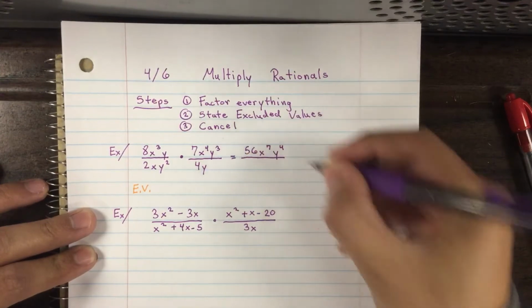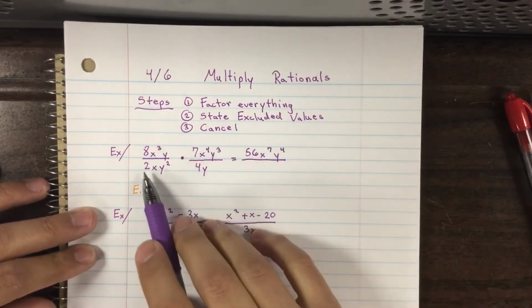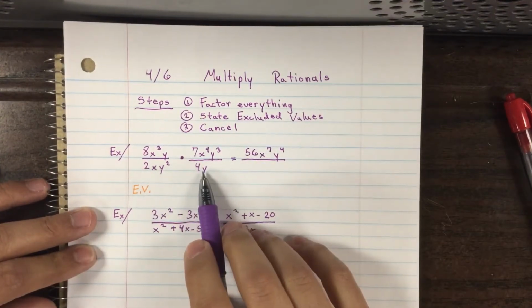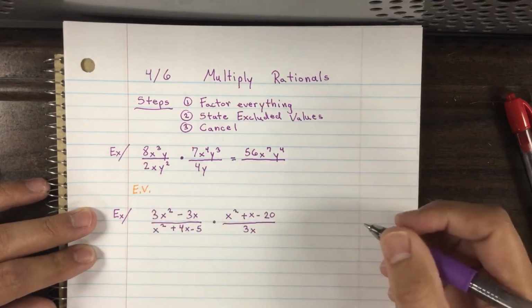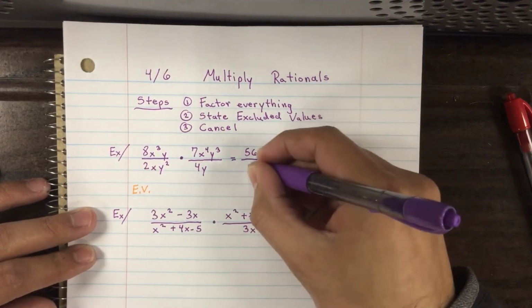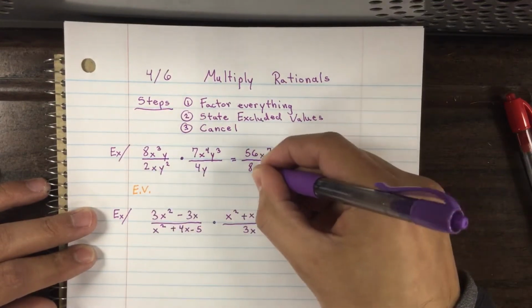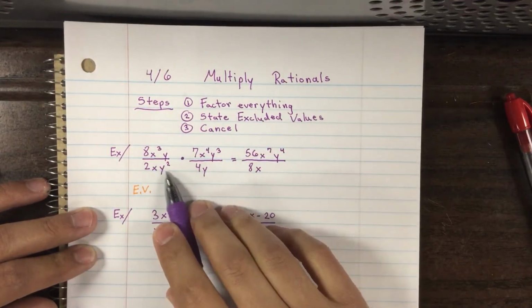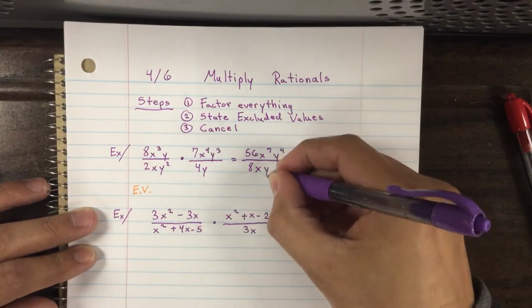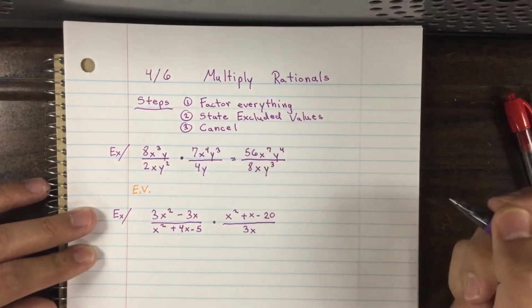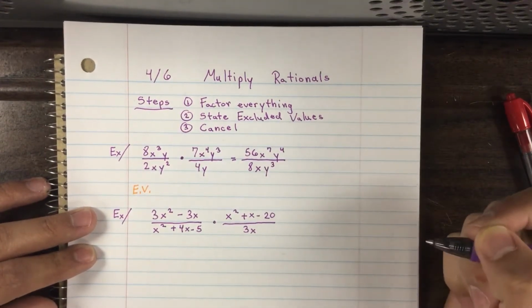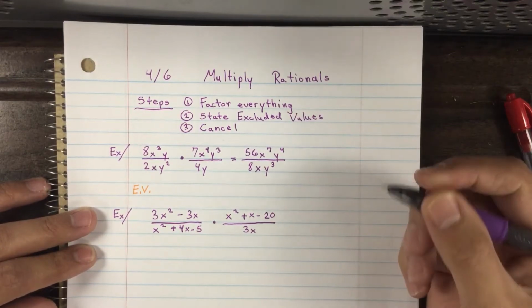Okay. All that divided by, multiply your 2 times 4, your coefficients, so 8. And then there's no x over here, so it's just going to stay as 1x. And then y squared times y would be y to the 3rd. Remember, multiply coefficients, add exponents, okay?